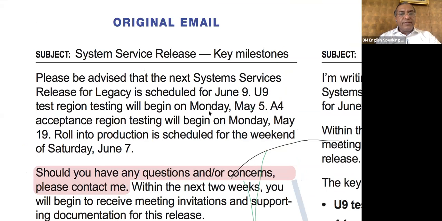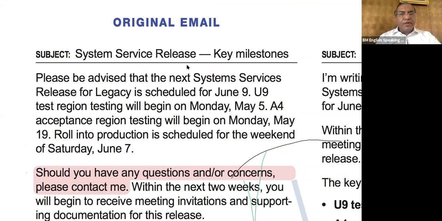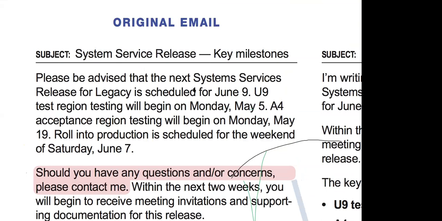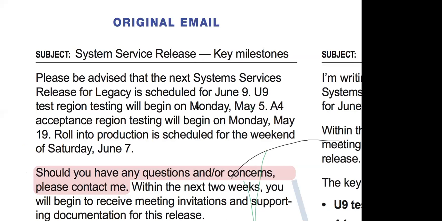You can raise hand. There's a button called raise hand. Yeah, Ashwini.